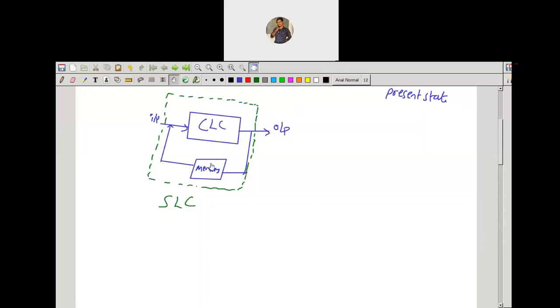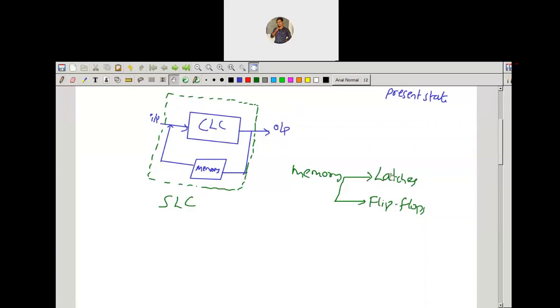In place of memory, we're going to use latches or flip-flops. Okay, so you can observe the word latch.